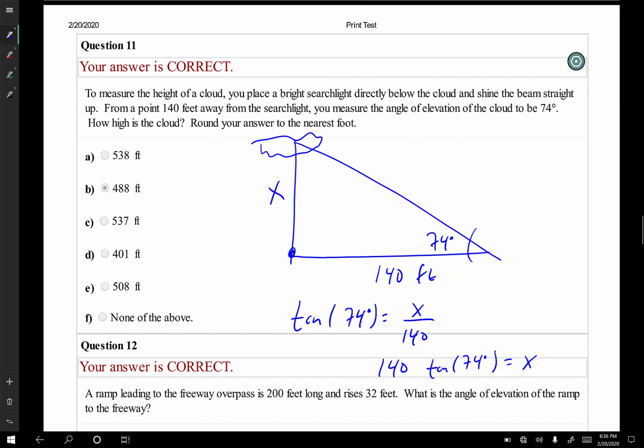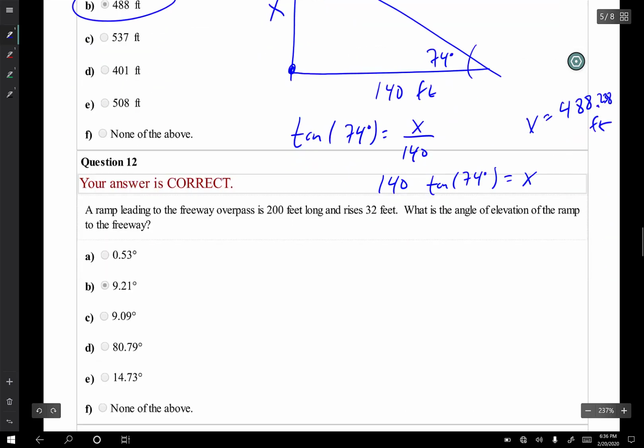I got a syntax error. There we go. I got 488.238 feet. All right, go to the next one.